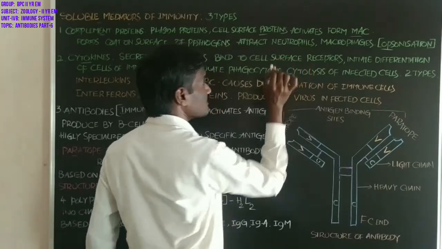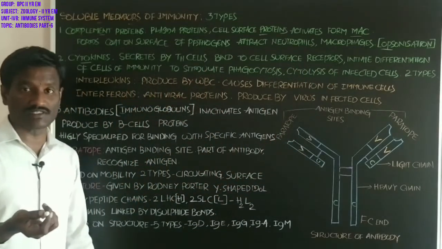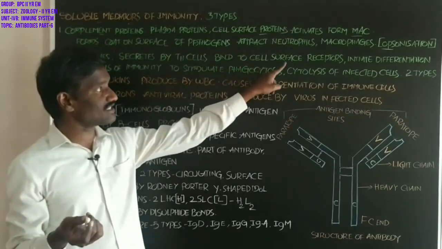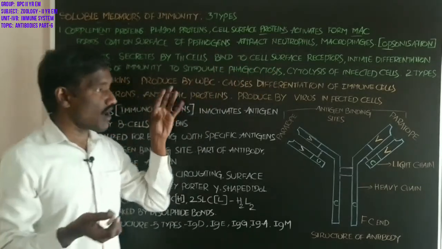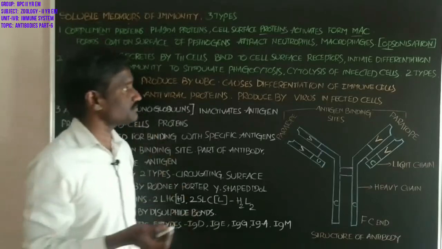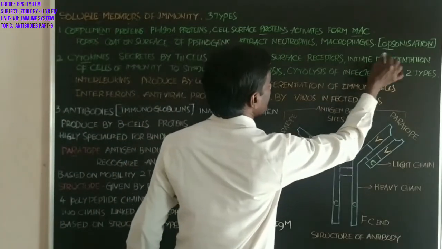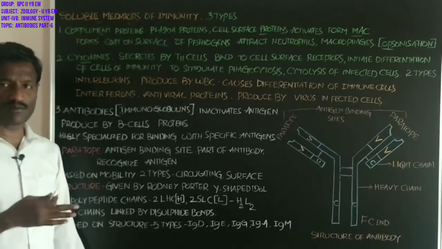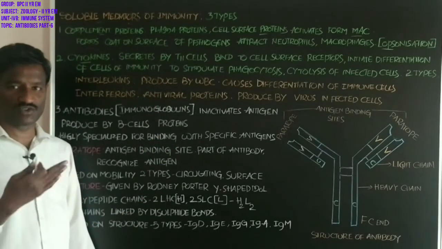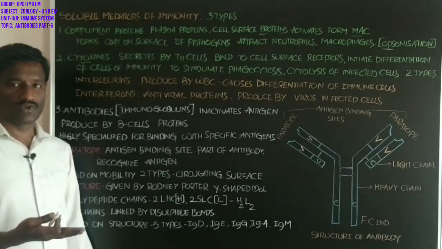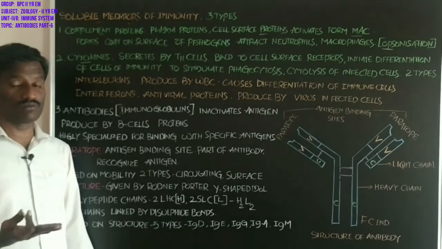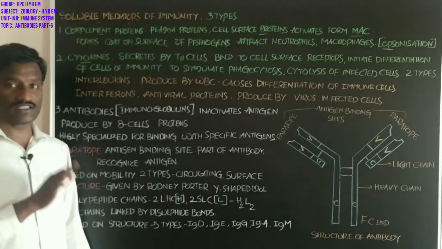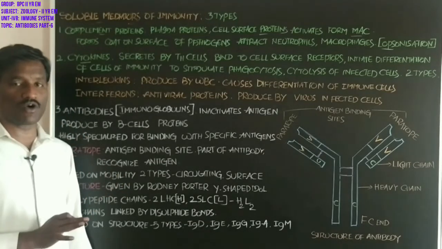These receptors are present on the lymphocytes. The cytokines bind to the cell surface receptors of the lymphocytes and initiate differentiation of the cells of immunity. Which cells play the main role in destruction of infected cells and removal of antigens from the body?